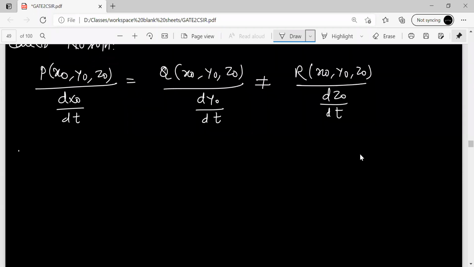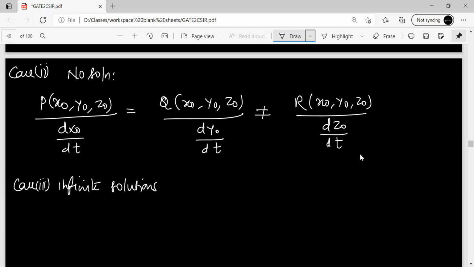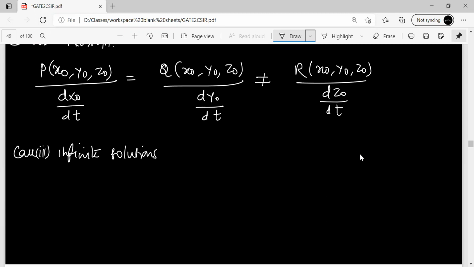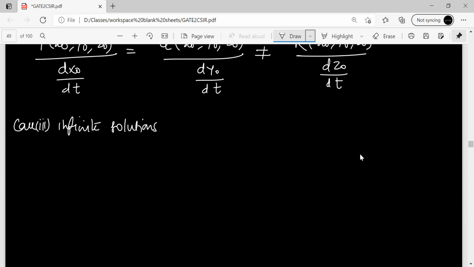Now comes case 3, where you get infinite solutions. One thing is sure: when it was not equal, you got a unique solution. When these two are equal but not equal to the third one, you got no solution. And when all of them are equal, you get infinite solutions.